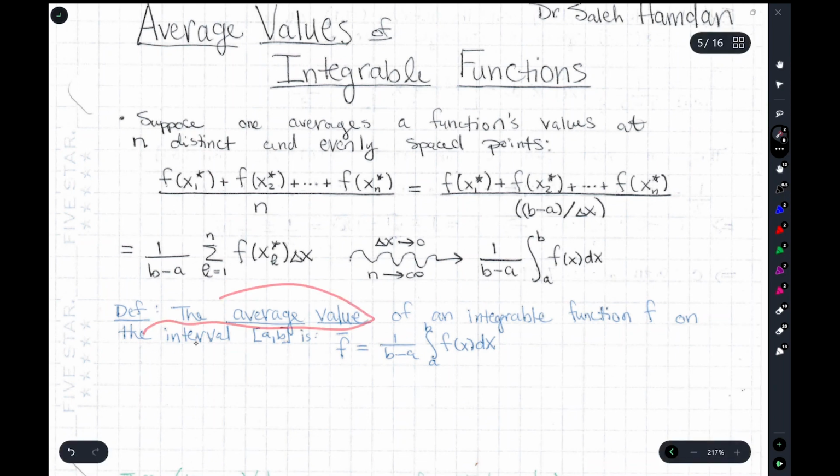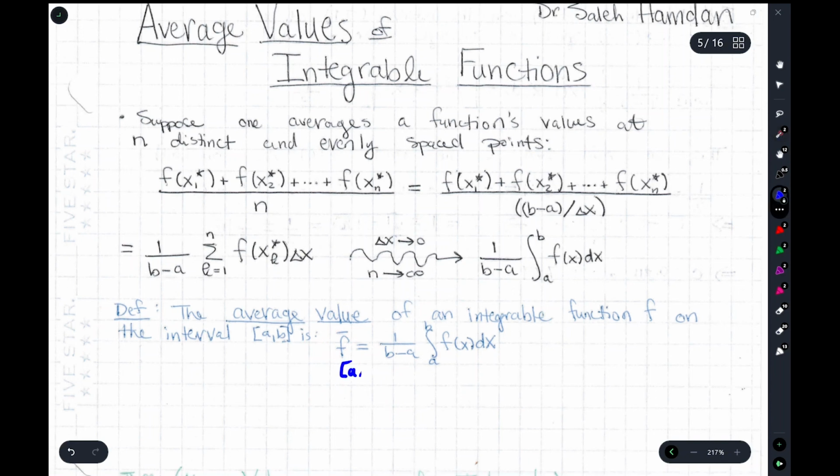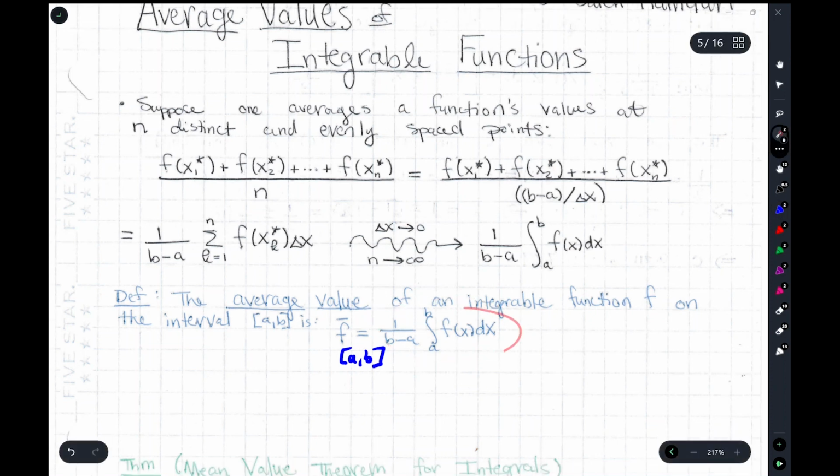And the definition of average value here is this. We could write f bar, and it wouldn't be wrong to write it with a, b, because the average is defined as an average over an interval. And so here is the formula.